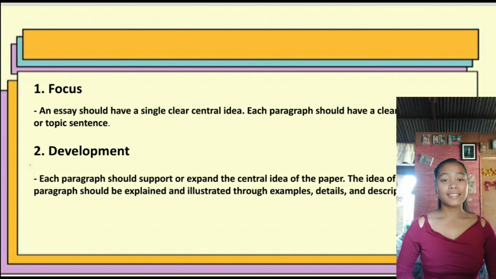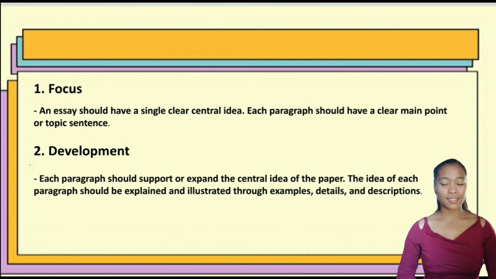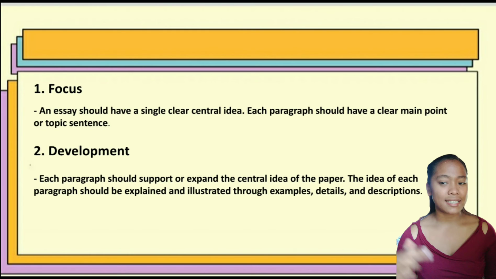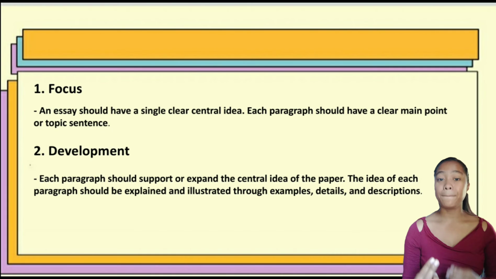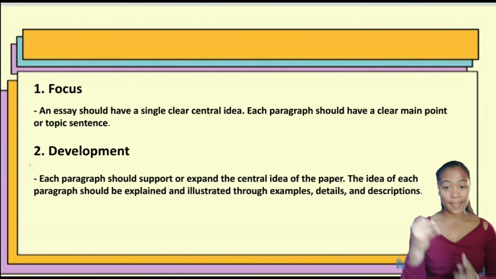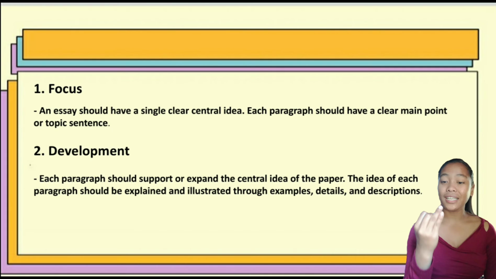Second, we have development. Each paragraph should support or expand the central idea of the paper. The idea of each paragraph should be explained and illustrated through examples, details, and descriptions. So, this quality supports your main point, your central idea, or your topic sentence by giving examples, details, and descriptions.